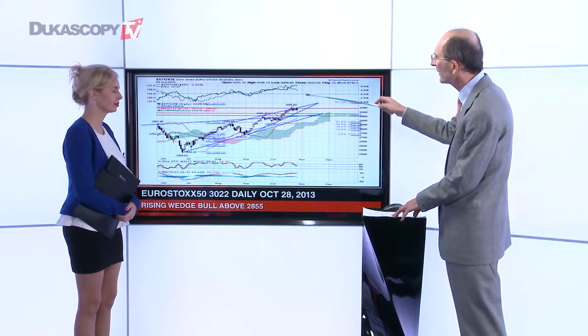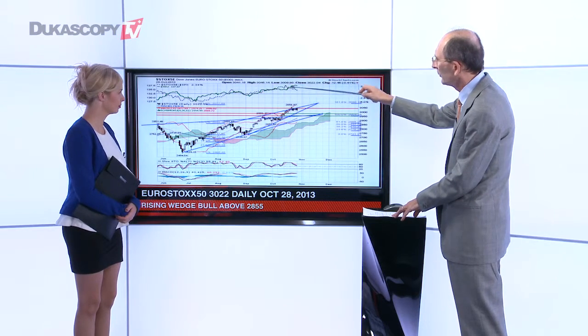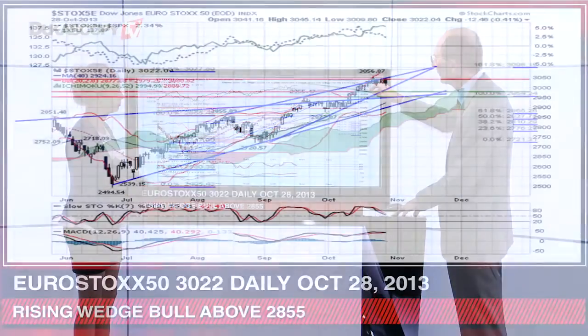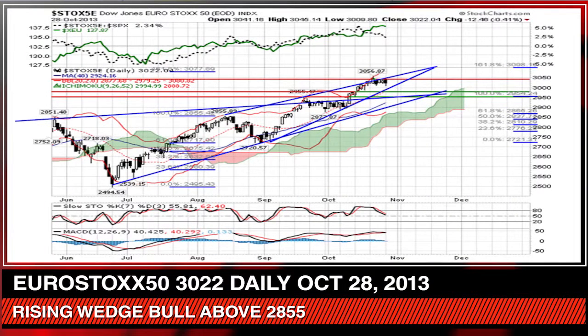Okay, and so what sort of impact could this have on European equities? Well, quite a lot of an impact. We have again here in green the euro levels, up to 1.38, and it's rising recently. And we have in dotted line up there the relative strength of the European stocks versus the S&P 500. Since July, or even mid-July, the relative strength of European stocks has been improving versus the S&P 500.